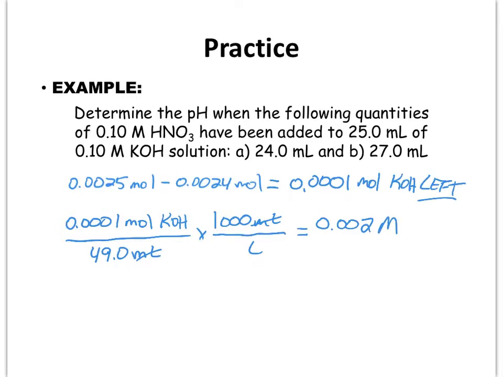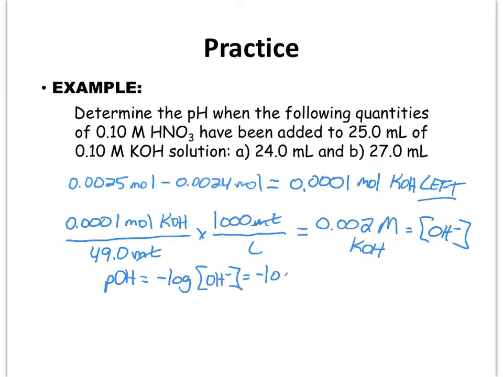And remember, this is KOH, which is a strong base, so it's going to dissociate 100%. Okay, so that means if I know the concentration of the KOH, I now know the concentration of the OH minus because it's a 1-to-1 ratio. So now that I know the concentration of the OH minus, the pOH is equal to the negative log of the concentration of OH minus.